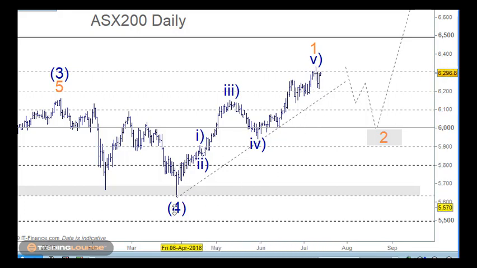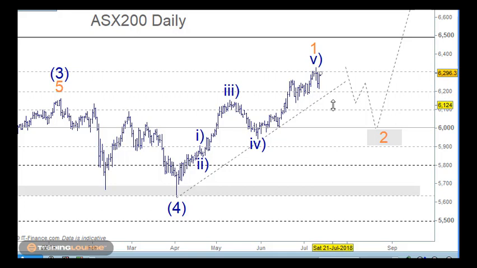And of course we're in a bullish trend here, and we don't want to fight the trend unless we have evidence for that. The move down through here so far appears to be in 5 waves, so a corrective rally back up into testing the 6,300 area, and then another move down from that point there.